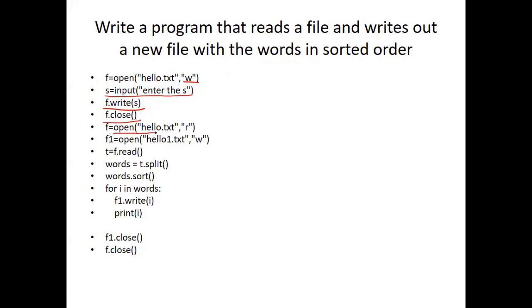Then you're opening the same file in read mode, and then opening another file hello1.txt in write mode. Then you're reading all the contents of the first file into the variable t, and then we are calling split on this. So what does split do? This is a string function which divides the whole line into chunks based on the white spaces.